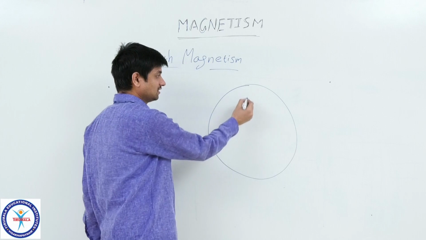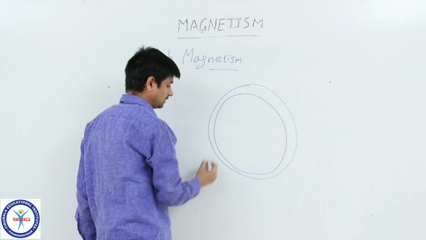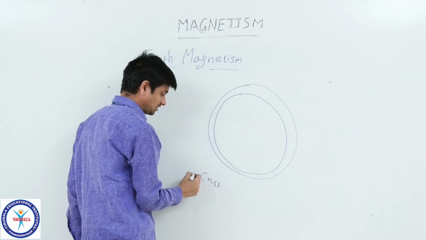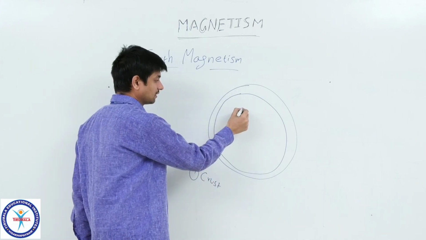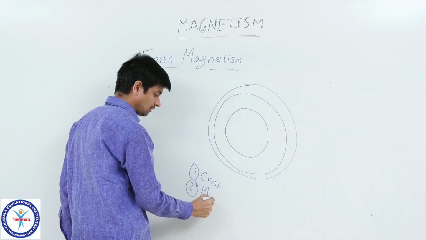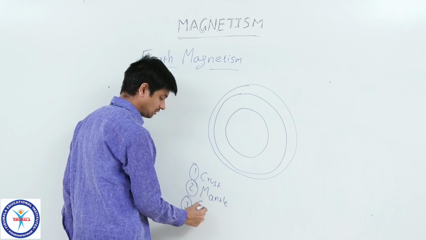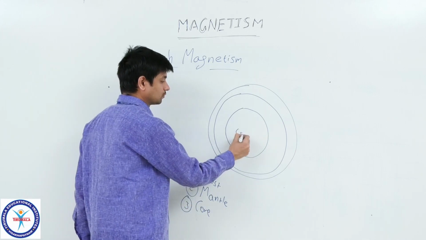The Earth has 3 layers: crust, mantle and core.